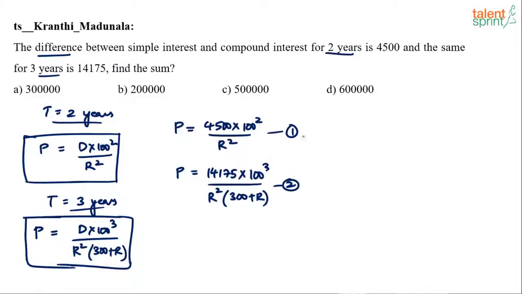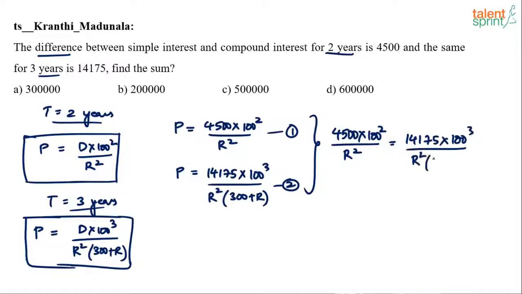From these two, we can say 4,500 into 100 squared by R squared equals to 14,175 into 100 cube by R squared into 300 plus R.